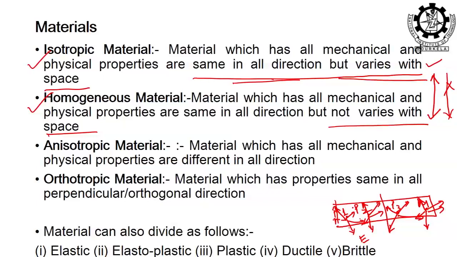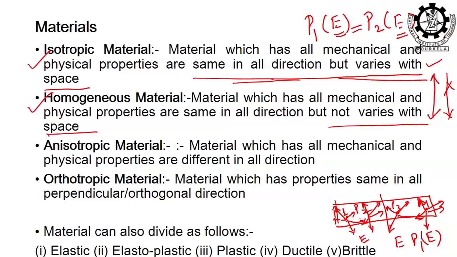Similarly, E at P1, E at P2, E at P3 are the same in all directions at each point, but there is a chance that E at P1 and E at P2 may not be equal.